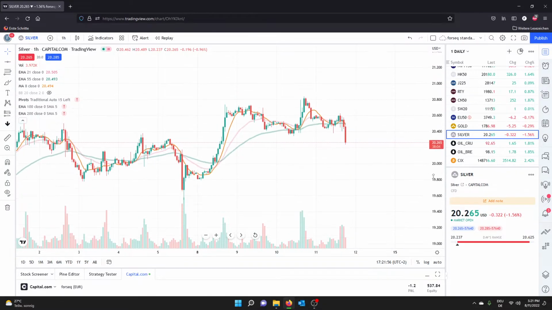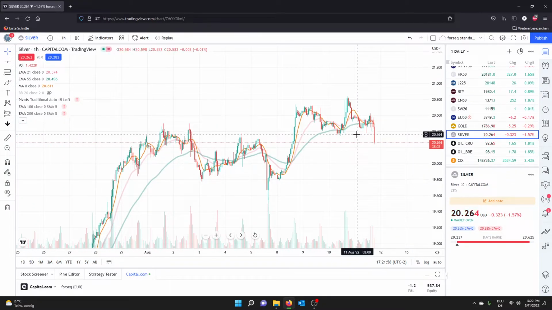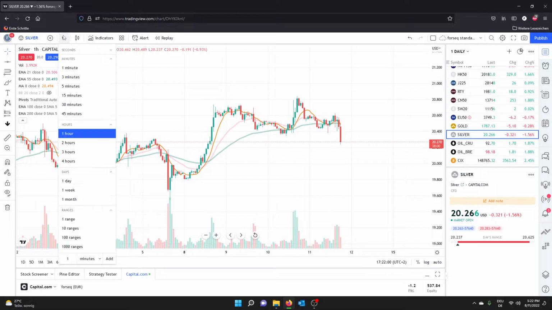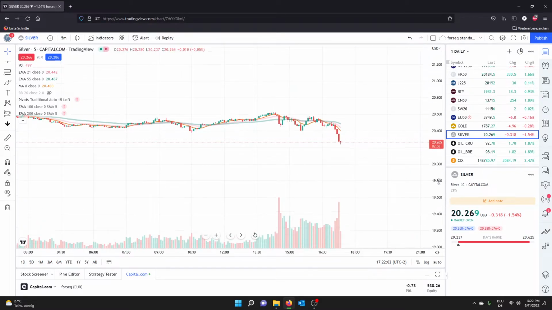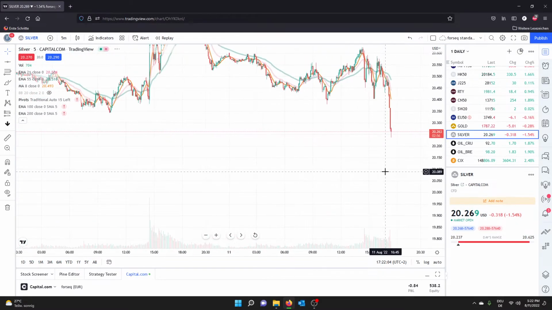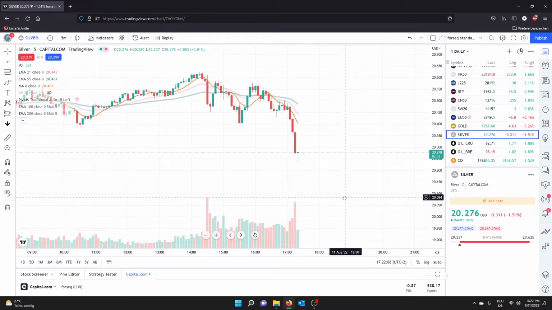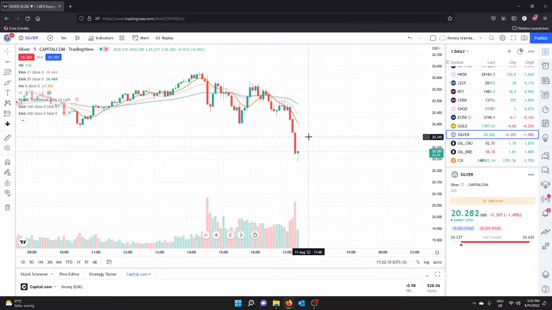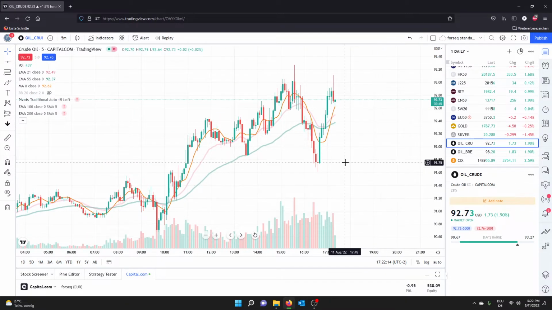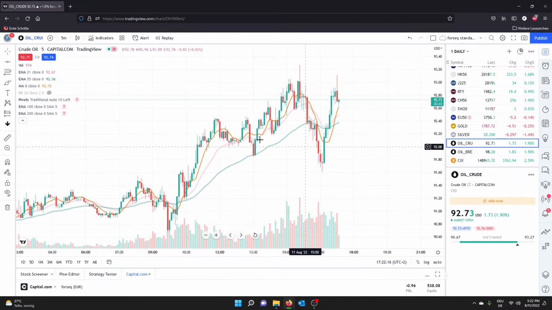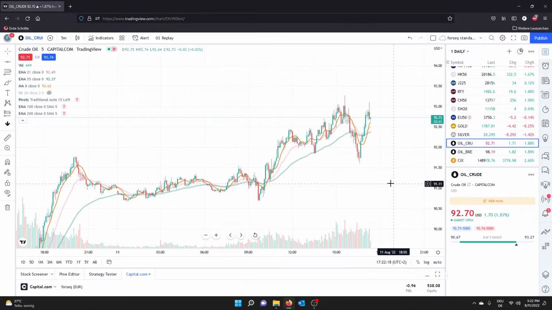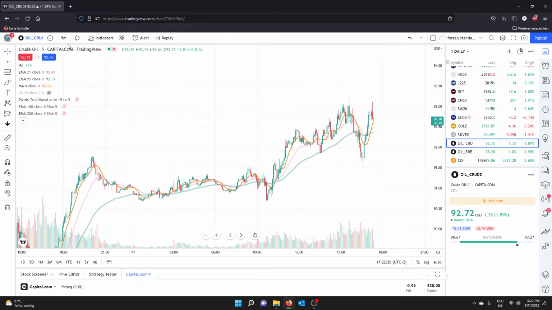Silver, same thing, but it broke this level here, so I think we should look at it on a smaller time frame. Yeah, I would wait for some correction and then we could make a trade. Crude oil, yeah, crude oil could be promising for a short trade.